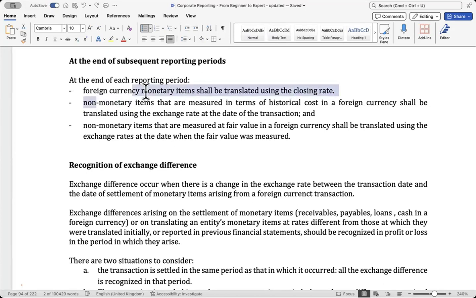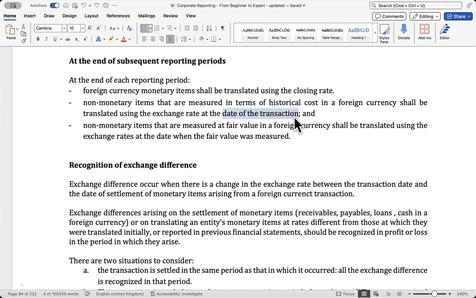Non-monetary items are usually measured at historical cost. Non-monetary items that are measured at historical cost in the foreign currency will be translated using the exchange rate at the date of the transaction.